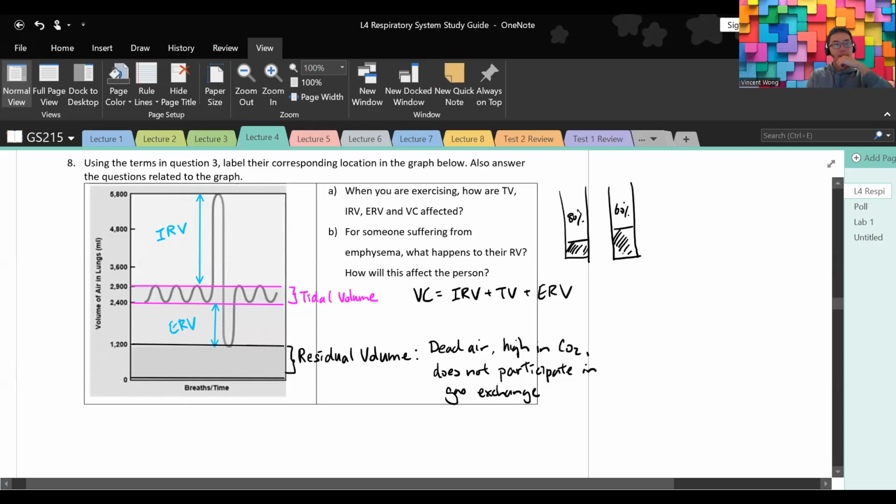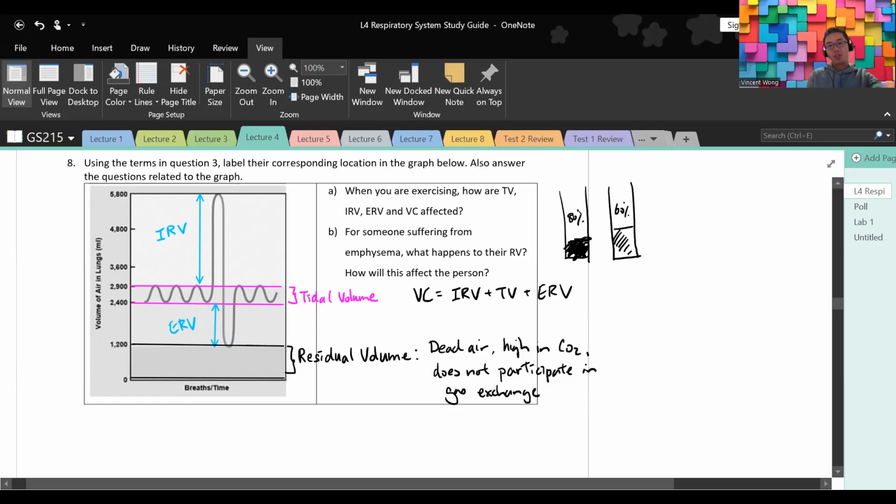Another way to think about this is like your vacuum bag, I guess that's one way of thinking about it. There's always some dirt that's stuck inside that you're not going to be able to empty, so it will fill up the rest of the space, the available spot left for filling it up.